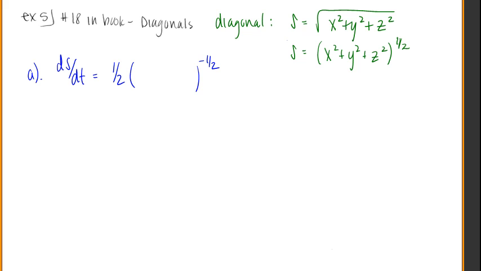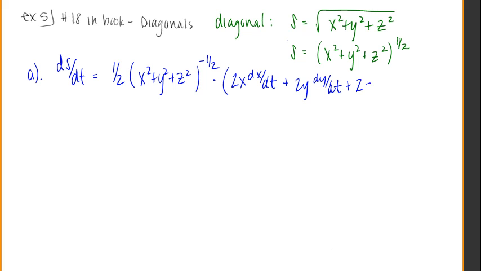So I'm just going to leave the base the way it is, x squared plus y squared plus z squared. However, because all my variables are in the base, I've got to multiply by the derivative of that base, which is 2x dx/dt plus 2y dy/dt, and then plus 2z dz/dt.